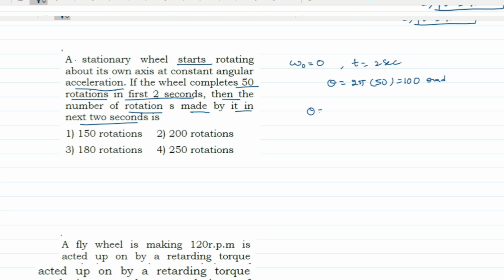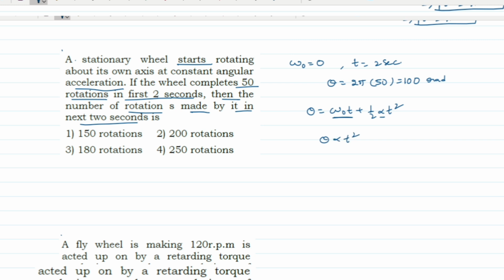Now theta equals angular displacement, you know the formula omega naught t plus half into alpha into t square. So let us take here directly. Initial angular velocity will be 0, so 0 into t will be 0. Anyhow, with the same angular acceleration the wheel is going to be moving, and theta is directly proportional to t square.